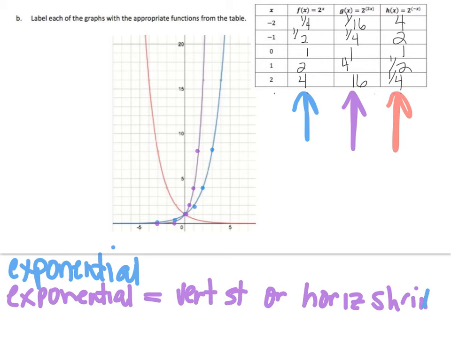All right, let's look at h of x. Look how we reflected. So x equals negative 2, y equals 4. So we're coming up here. X equals negative 1, y equals 2. Now we're going to get smaller and smaller. X equals 1, y equals 1/2. X equals 2, y equals 1/4. So that is also exponential.